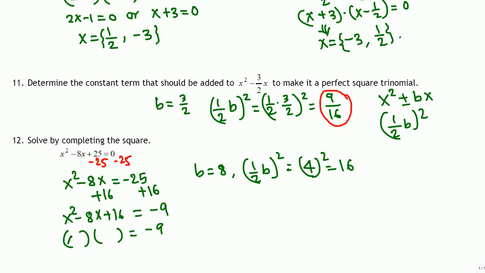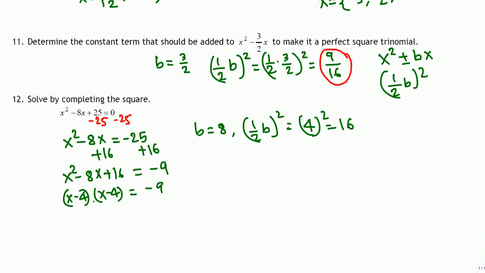If we factor x squared, x, 16: 4 times 4 is 16, and to get negative, negative 4 times negative 4 is 16. That is the same as x minus 4 times x minus 4, x minus 4 quantity squared. When we add the right number, this becomes a quantity squared, equals negative 9.